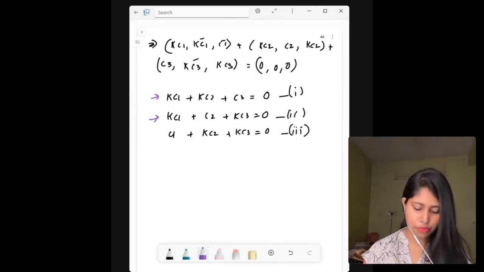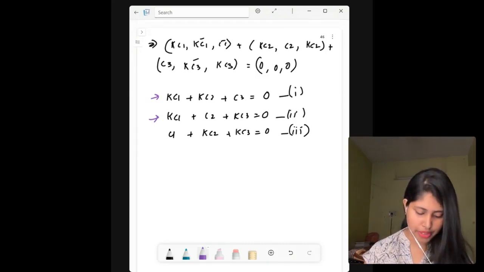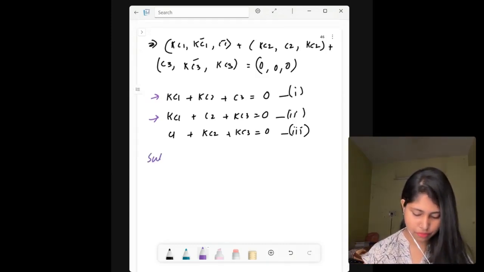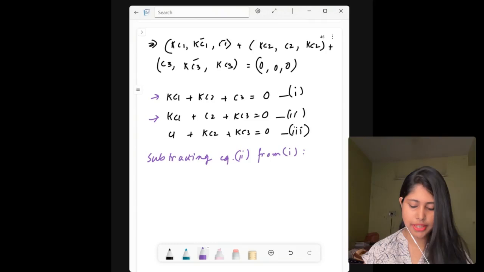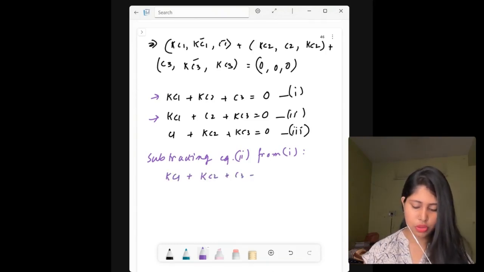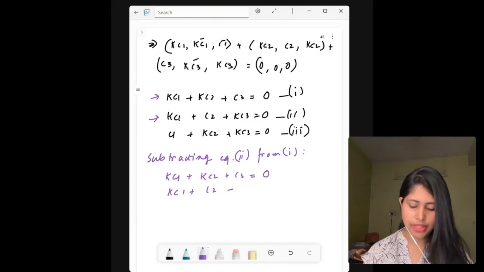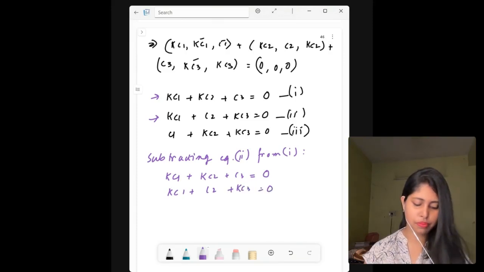So the first thing will be subtracting equation 2 from 1. What is our first equation? It is kc1 plus kc2 plus c3 equals 0. And the second equation is kc1 plus c2 plus kc3 equals 0, right?